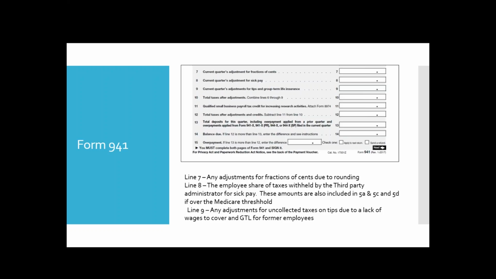Report on line 9 any adjustments for uncollected taxes on tips when the tipped employee did not make enough money to cover the taxes. And also, and this one's a little obscure, but I have seen it happen, also on line 9, report the uncollected employee portion of Social Security and Medicare taxes on group term life insurance premiums paid for former employees.